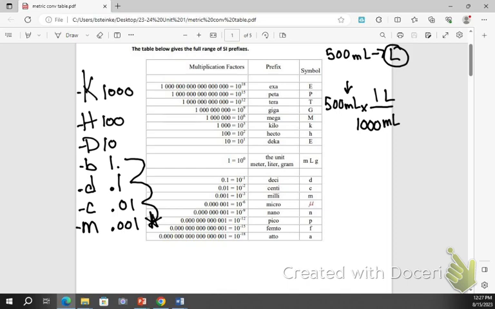Which is why we put the 1 on the larger and all the zeros with the smaller one. Okay? So what this is saying is 500 milliliters times 1 liter over 1,000 milliliters. So if I want to put this into a math equation, times 1 divided by 1,000. That's what you would put into your calculator. Everything on top divided by everything on bottom. So go ahead and do that in your calculator.